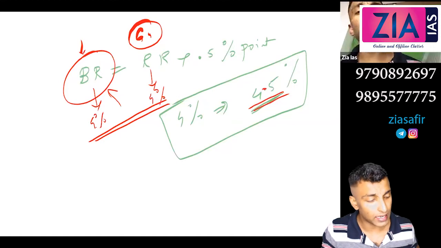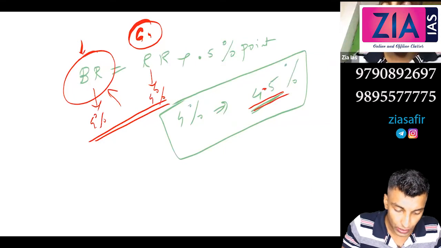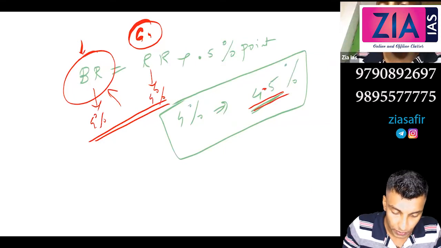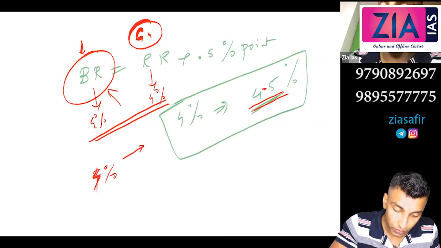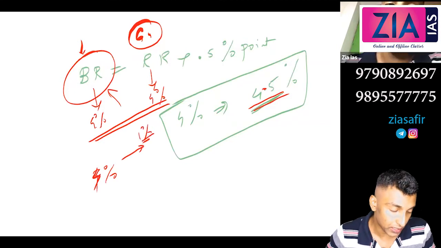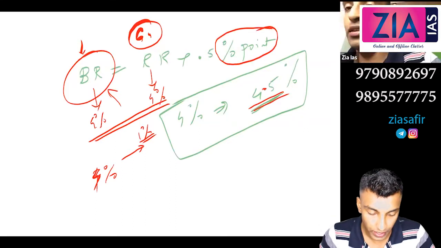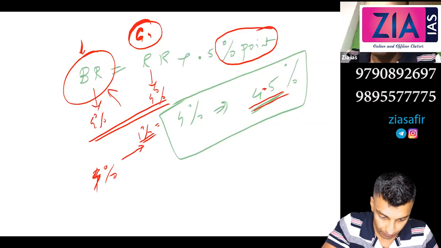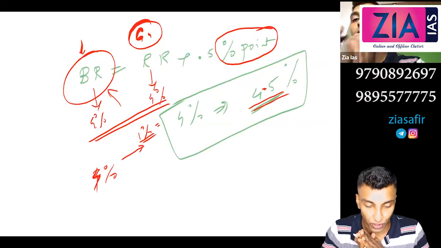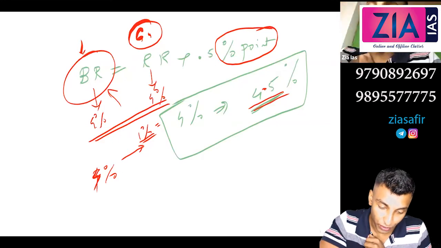What is the difference between percentage and percentage point? Let's suppose CRR is 4%. If I'm saying percentage, what is 1% of this 4? Here I have told you percentage point. So if I'm saying 1% of 4, what is that? It is 0.04.